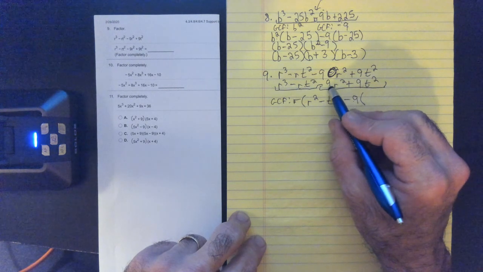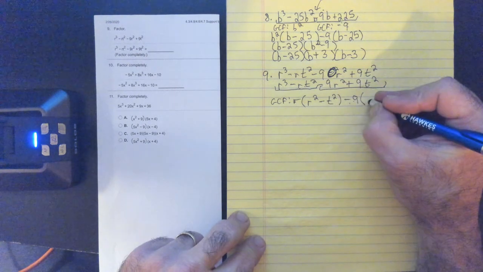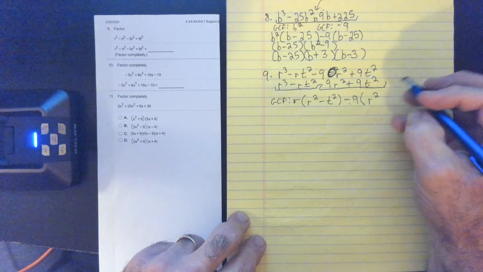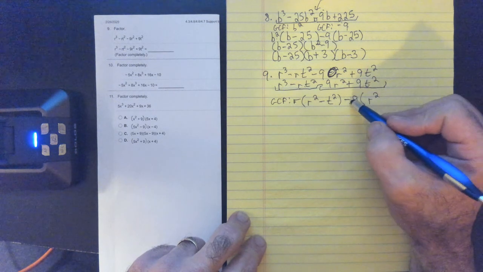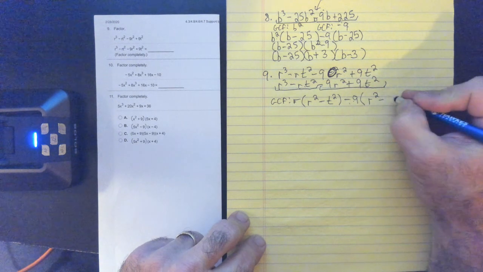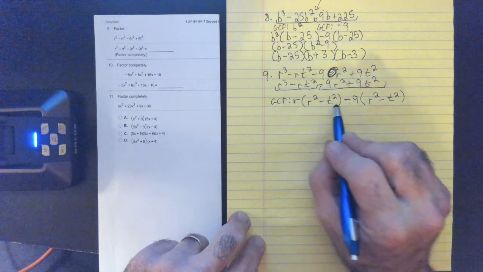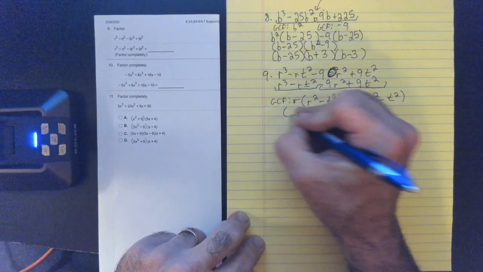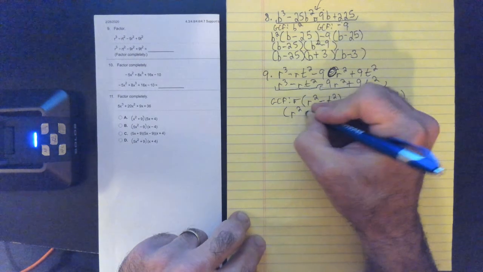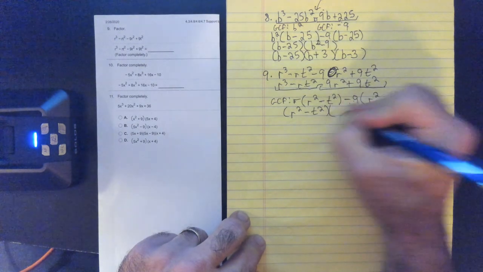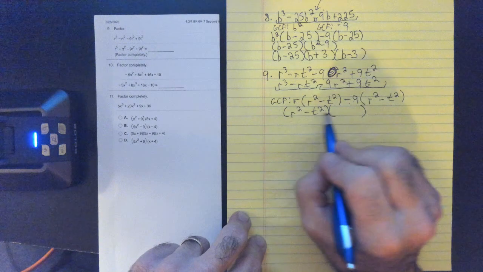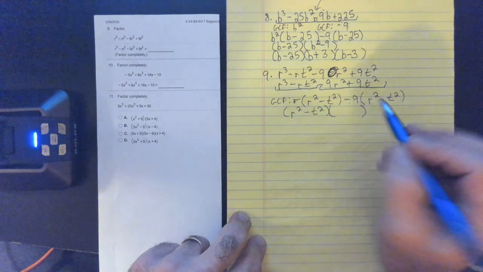Negative 9r squared divided by negative 9 leaves me an r squared. 9t squared divided by negative 9 leaves me a negative t squared. So notice, I got parentheses that match up, so I'm going to bring down r squared minus t squared. Second parentheses is everything else, which is the r minus 9.